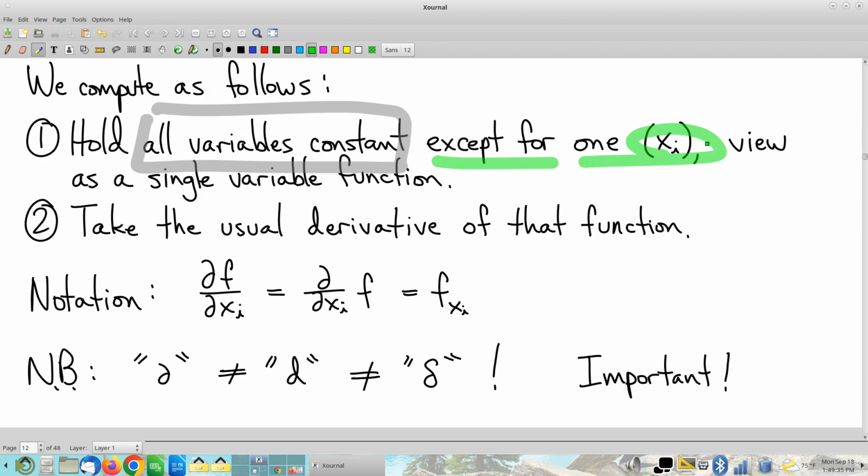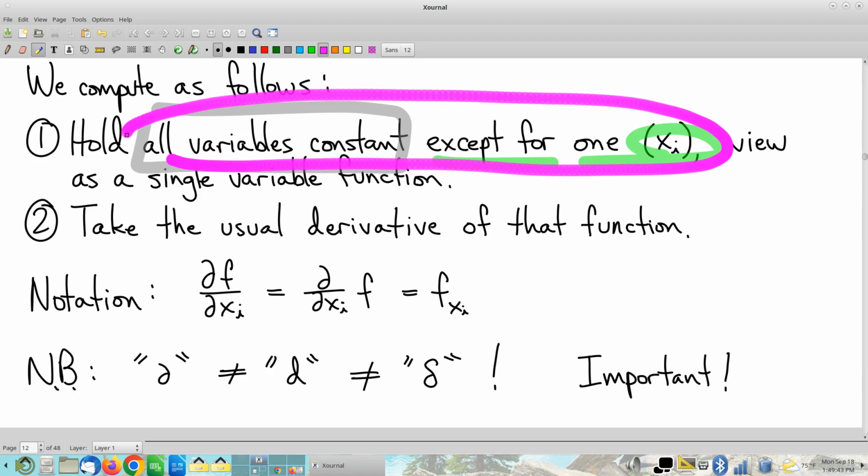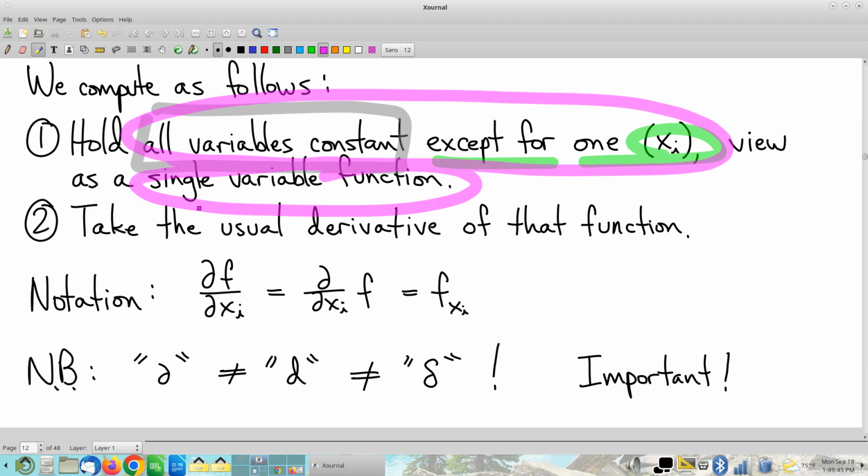So anyway, keep that in mind. And then we make the observation that if you now have a function where there's really only one variable that's actually changing and that we're treating as a variable, effectively I have a single variable function. And single variable functions, we know how to take derivatives. So go ahead. So that's the big idea. That's what we call a partial derivative.